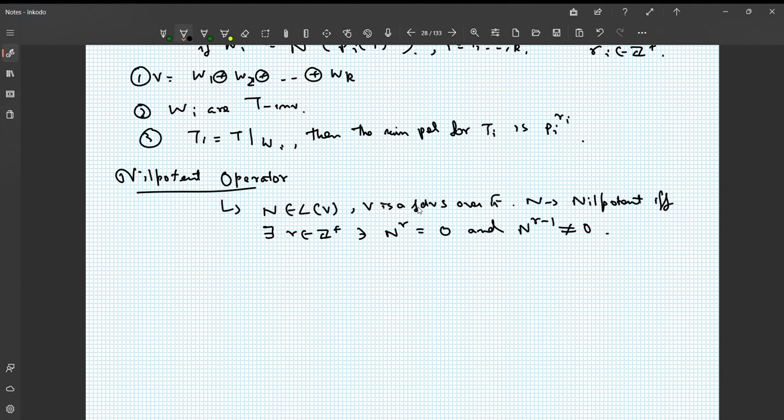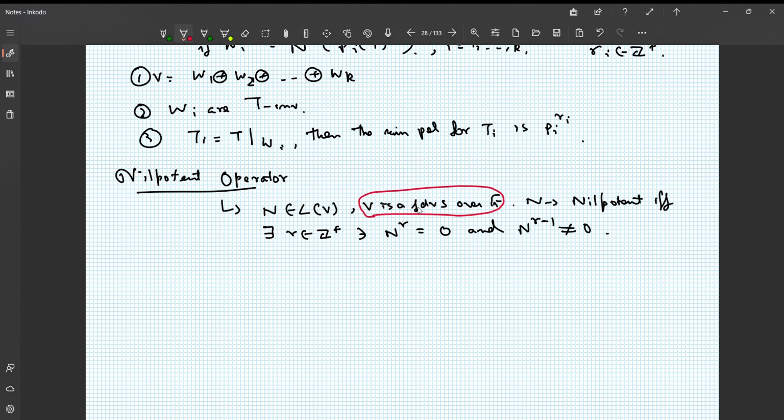Obviously, it is not mandatory that the vector space needs to be finite dimensional. But since for the past 6 to 7 lectures we have been discussing finite dimensional vector spaces, I've just included that in this definition.